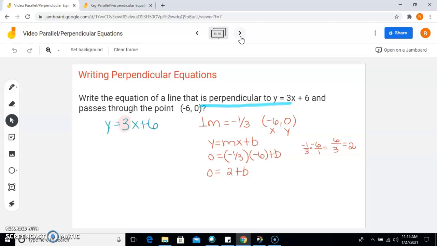Then the last thing we would do is subtract 2 from both sides. That would give me negative 2 equals b. Remember, to write our final answer, the two things that are important to us are the m, the perpendicular m, and the b, which will replace my m and my b. So my answer would say y equals negative 1/3 x minus 2.